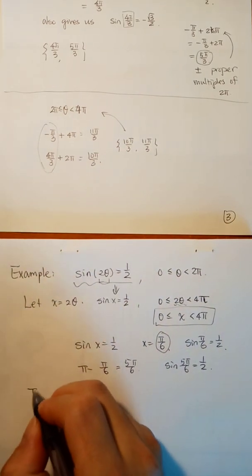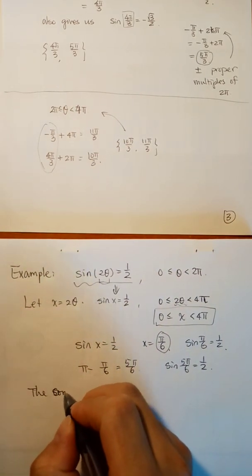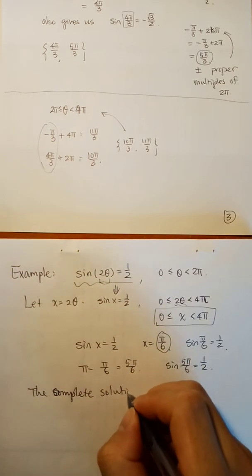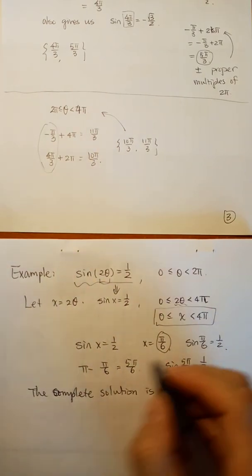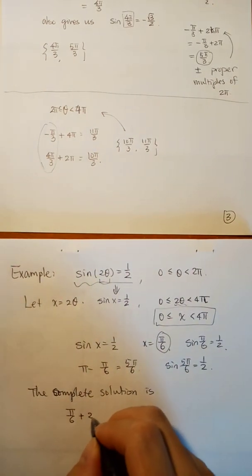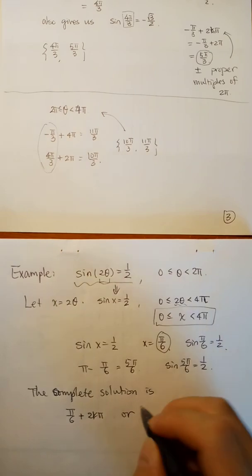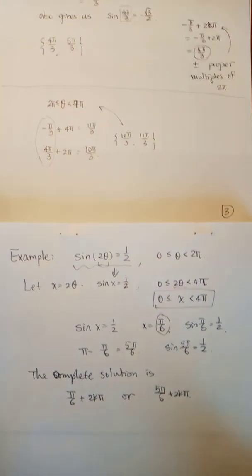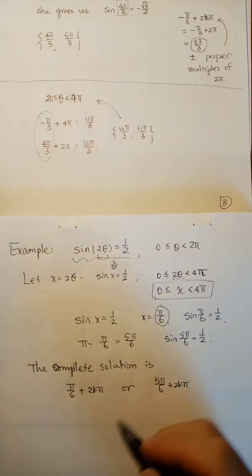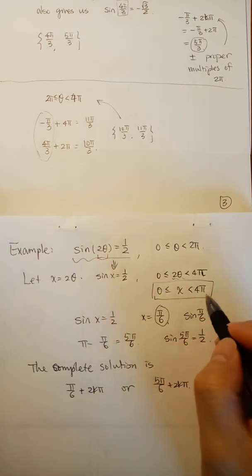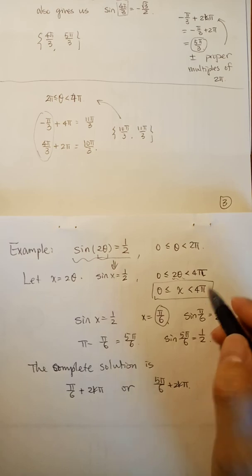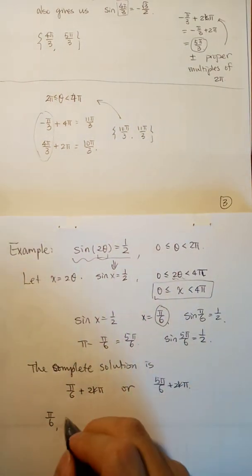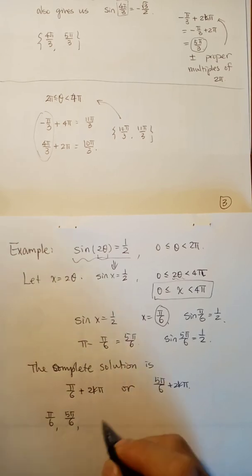We get the complete solution, which is pi over 6 plus 2k pi, or 5 pi over 6 plus 2k pi. So this is the complete solution, but we need the solution in this domain. So let's check 0 to 4 pi. First, pi over 6 is between 0 and 4 pi. 5 pi over 6 is between 0 and 4 pi.